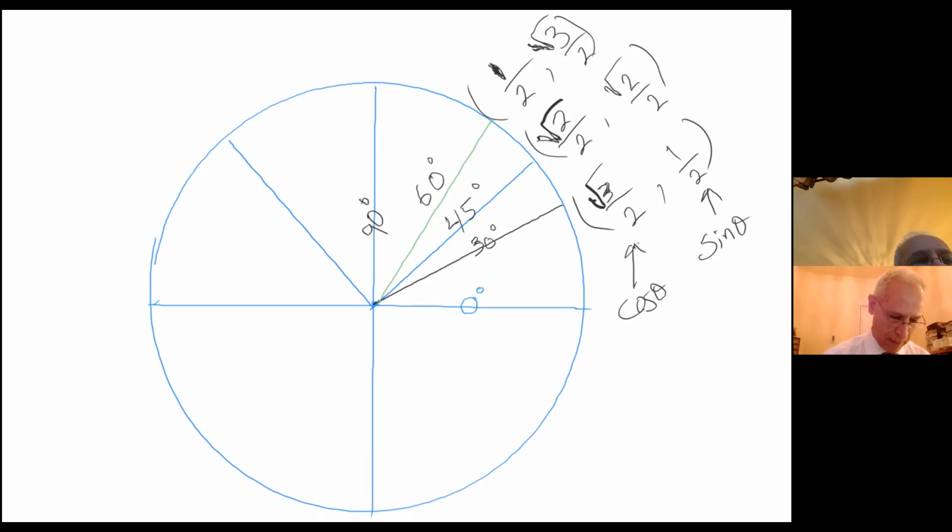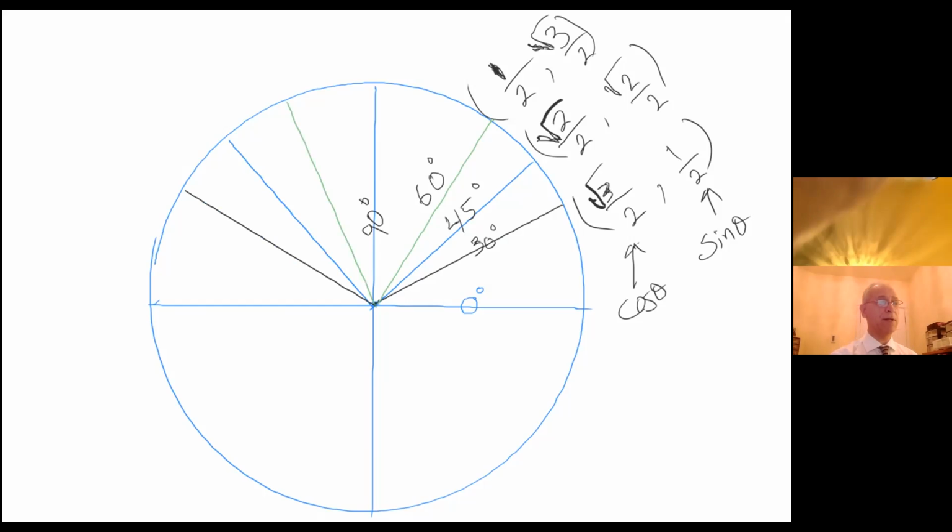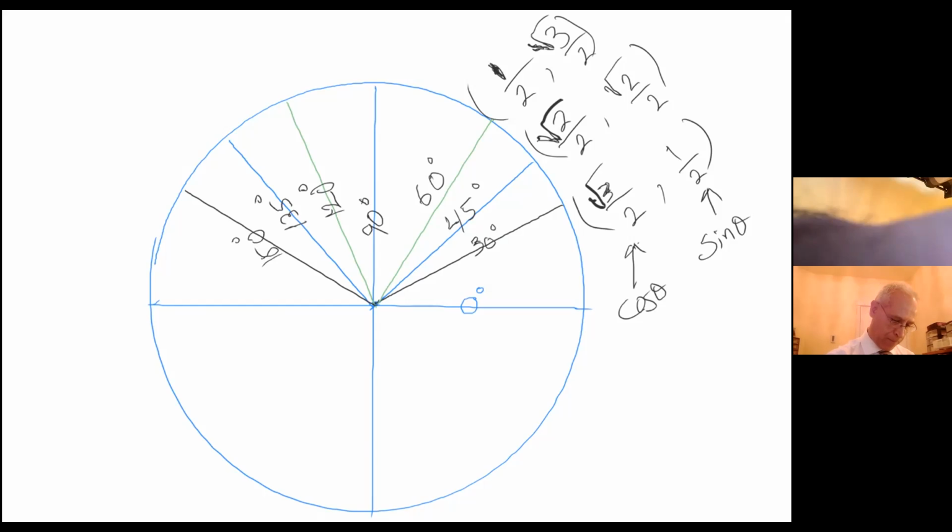Black for here. So now the next angle is going to be 120 degrees. So 120 degrees, 135, and 150 degrees.